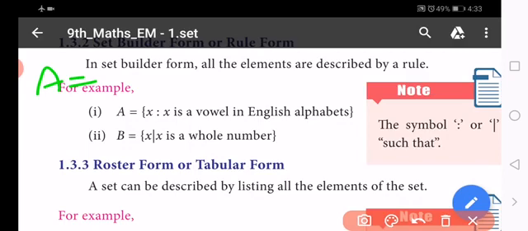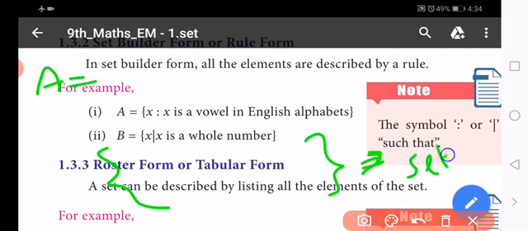the symbol. The brackets mean "set of all". So in this set builder form, how do we read this symbol? It means the set of all x.